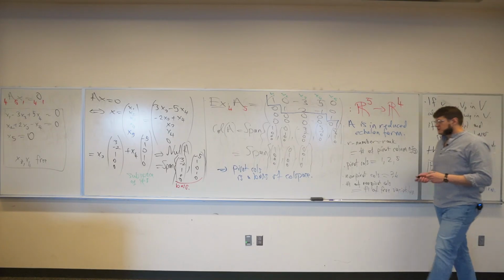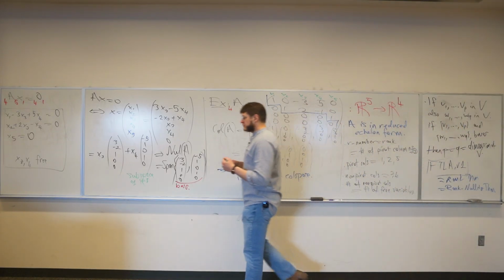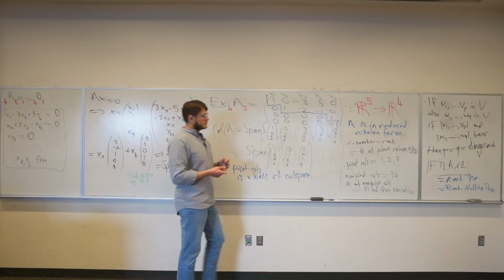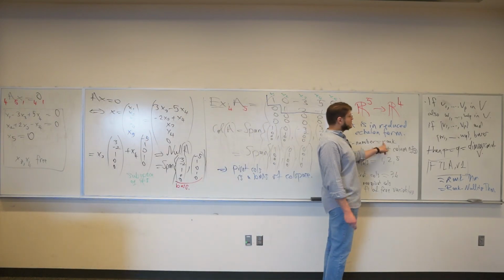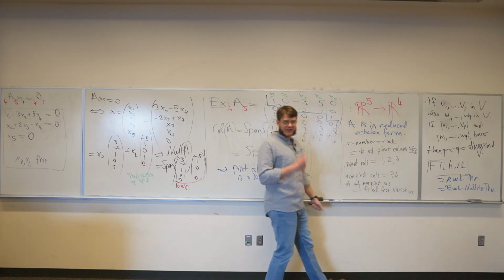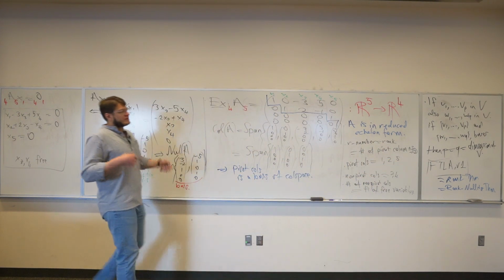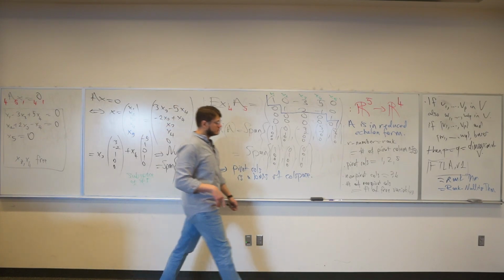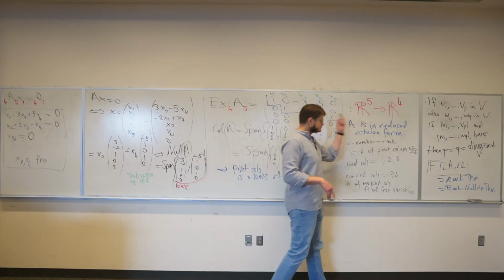And so when you read the textbook, for instance, the way they would define rank is, well, they would say rank is the dimension of the column space. I didn't do it that way. I fast-forwarded everything, because by the end of week 1, you know how to compute reduced forms, which means that you know how to compute the number of pivots.